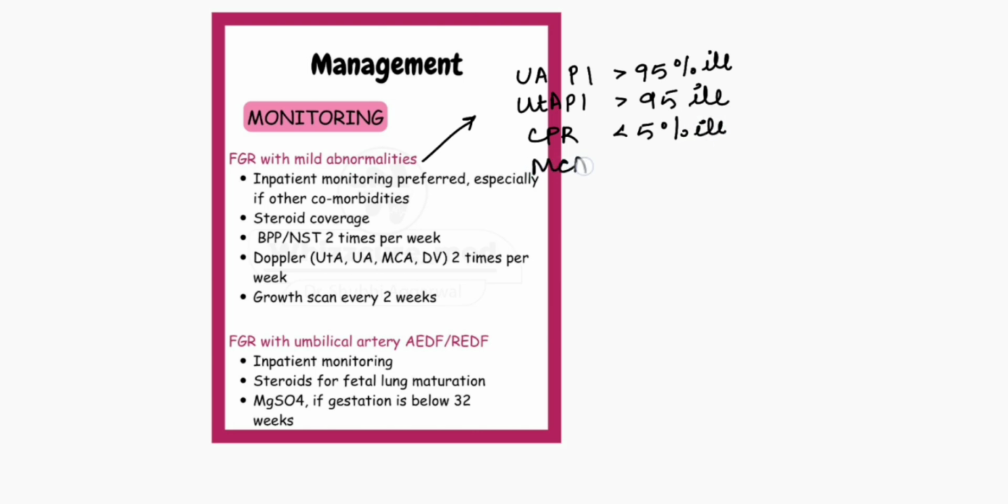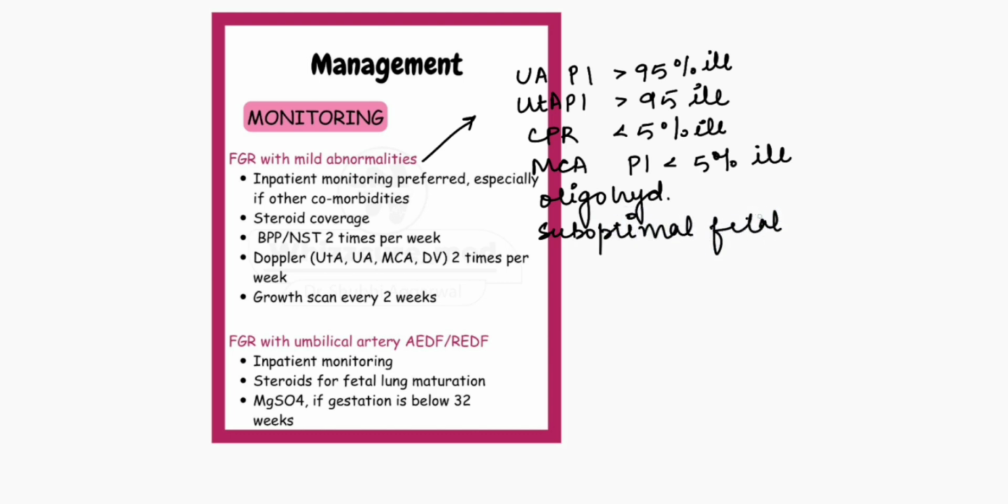Then we have MCA PI less than 5th centile. Then we have oligohydramnios, or we have suboptimal fetal growth. These are the mild abnormalities, and in this we are going to do inpatient monitoring if the patient is ready for that. Inpatient is preferred, but we can also do outpatient.